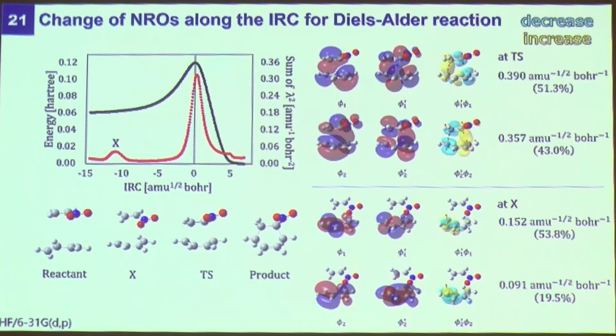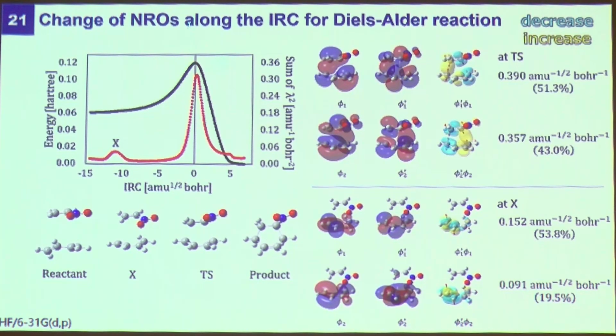So along the IRC, we analyze. And in this case, SRAN, for SRAN, an NO2 substituent is introduced. This is butadiene, and the butadiene and SRAN reaction, but NO2 is introduced. So symmetry is reduced. Then, at the transition state, the red curve indicates the magnitude of the singular value.